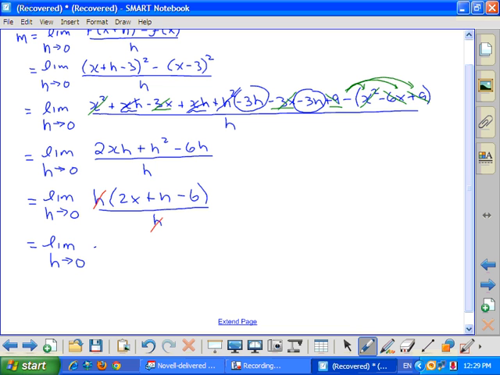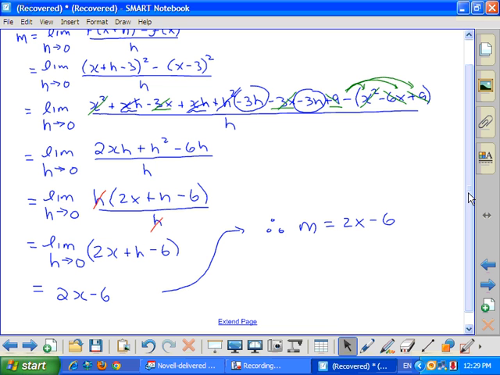I'm left with 2x plus h minus 6. Do I have a problem? Absolutely not, because there's no denominator. I substitute the h in, and I get 2x minus 6. So therefore, slope is equal to 2x minus 6.